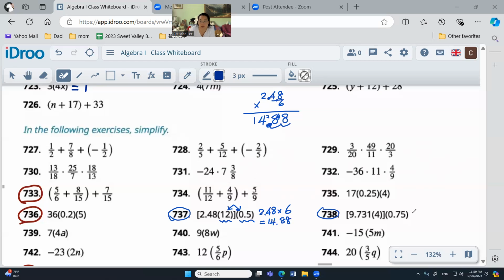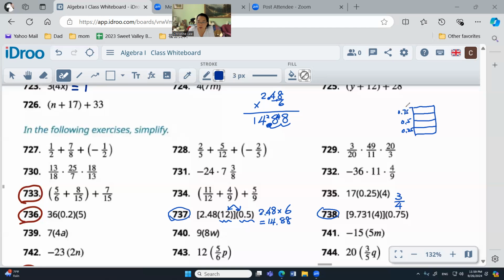All right, let's do 338. Do you know 0.75? That's 3/4. If this is 1, cut in half, this is 0.5. 0.5 cut in half, this is 0.25. And if you have 0.5 plus a little half, it's 0.75.